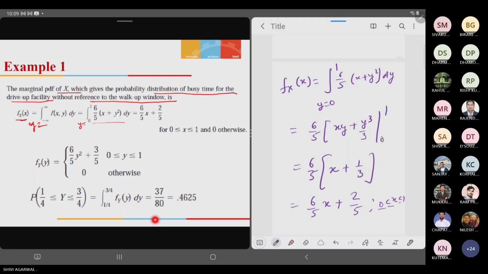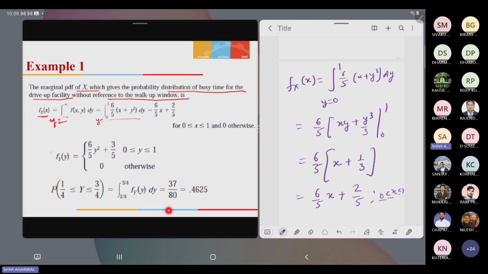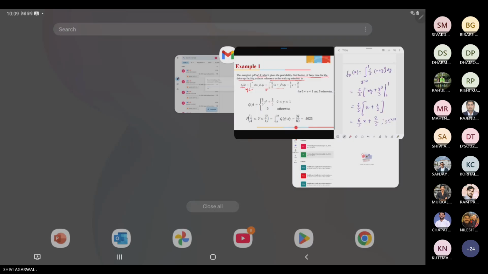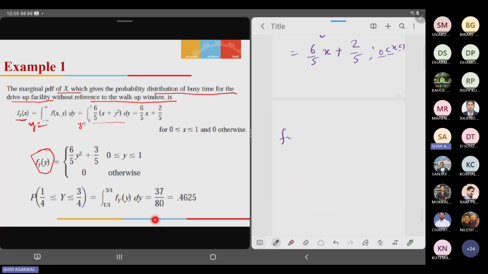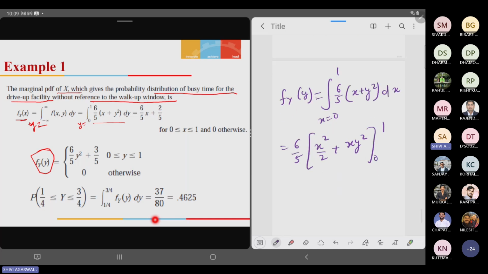Similarly, fY of y we are calculating. Same process: we are integrating x from 0 to 1 of 6/5 (x plus y squared) dx. So 6/5 times (x squared by 2 plus x y squared), and the range is 0 to 1.